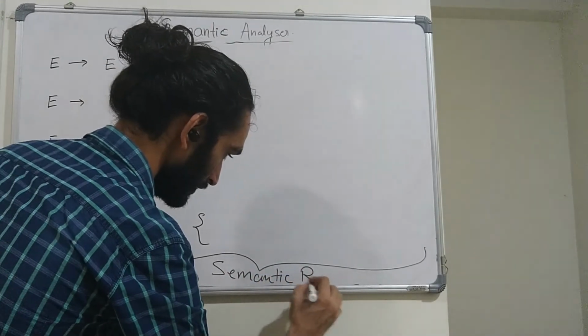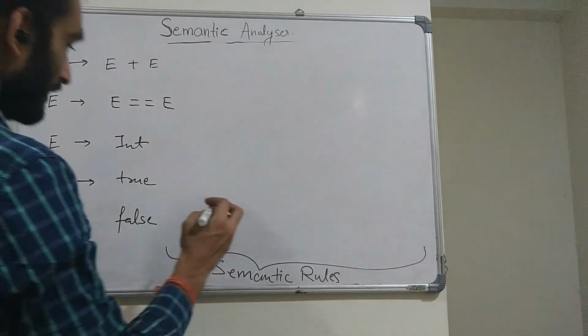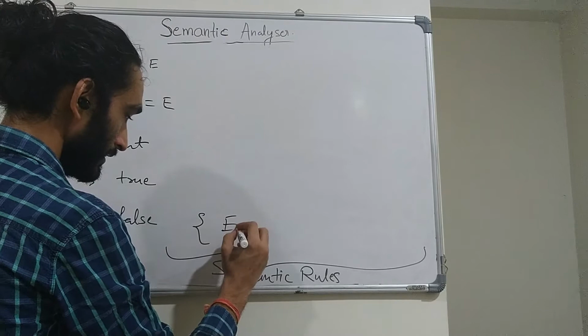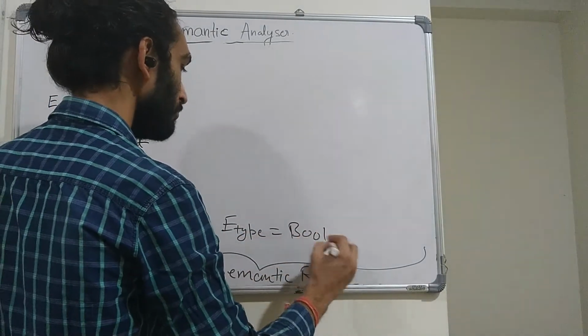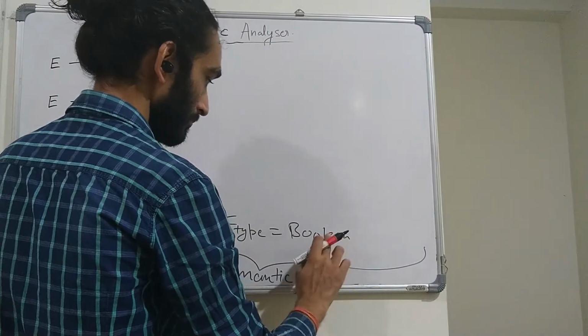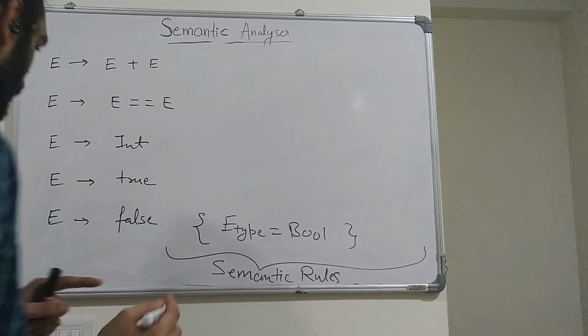semantic rules, right? So here I know that this E type is nothing but bool, or boolean, right? So simply I am writing bool because I am going to need it further, right?